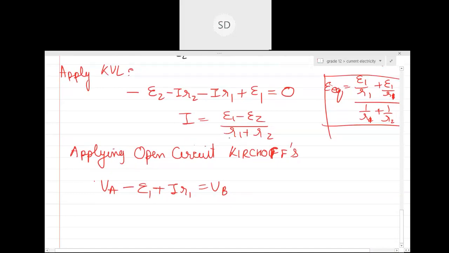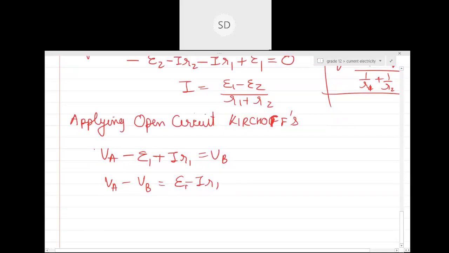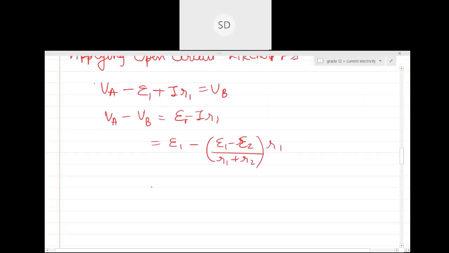So guys, can you do this now? VA minus VB equals E1 minus IR1. So E1 minus I, which is E1 minus E2 upon R1 plus R2, into R1. Yes or no? So will this be equal to E1 into R1 plus R2 minus E1 minus E2 into R1, divided by R1 plus R2?